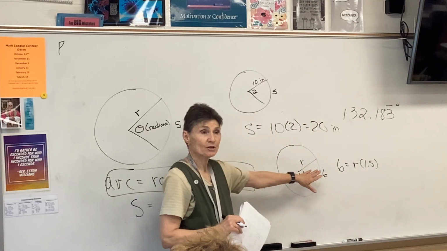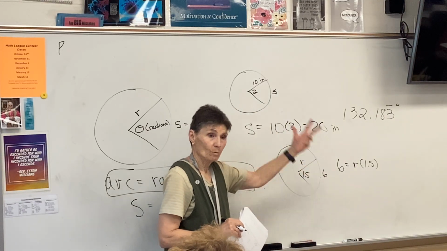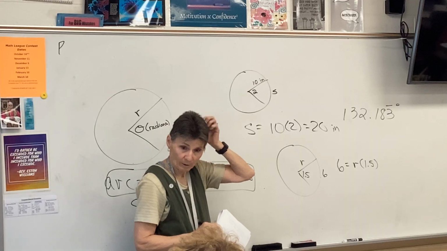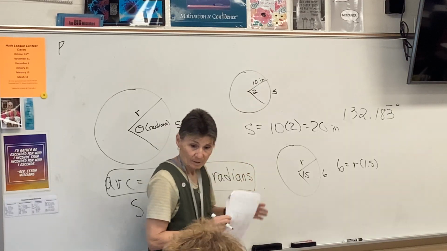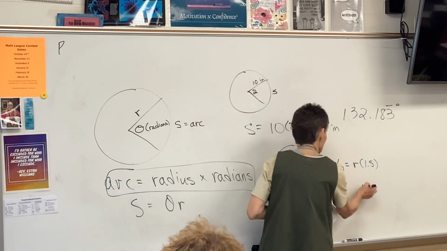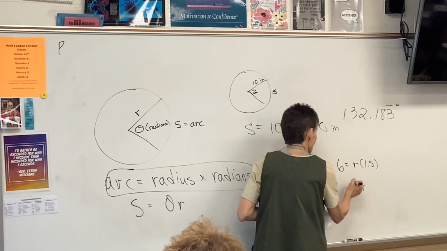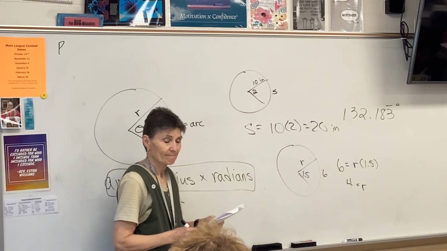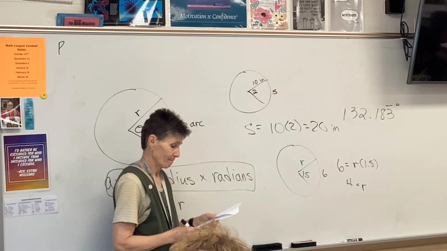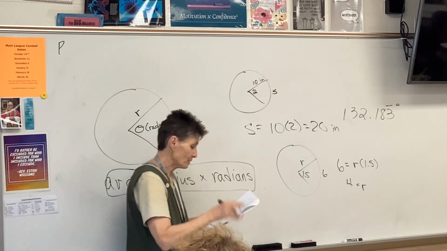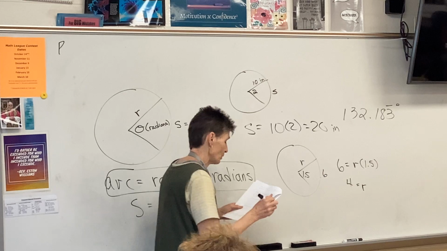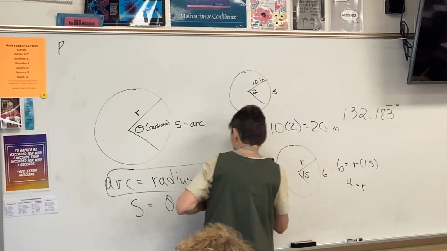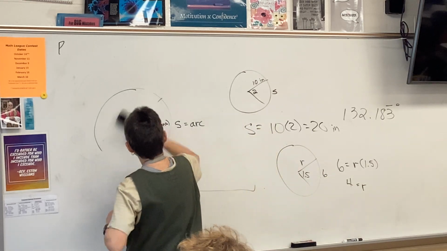Does that make sense to you? So what do we do to find R? We need to figure out what R is. So we'll divide. Is that 4? All right, do C. Do letter C with your partner. Same exact idea.